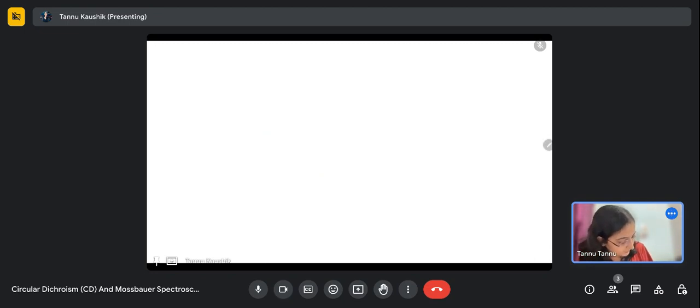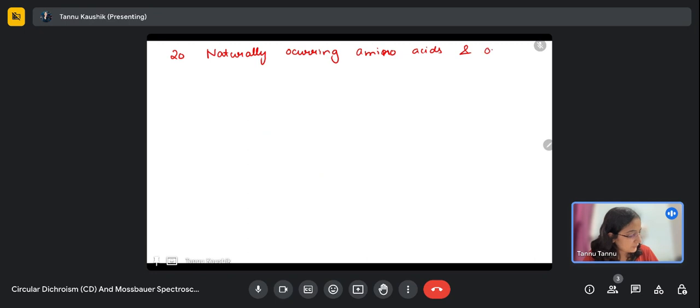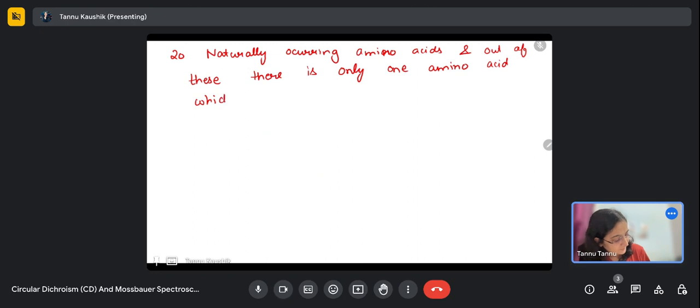So here we have 20 naturally occurring amino acids, and out of these there is only one amino acid which is achiral, and that is glycine. Why?